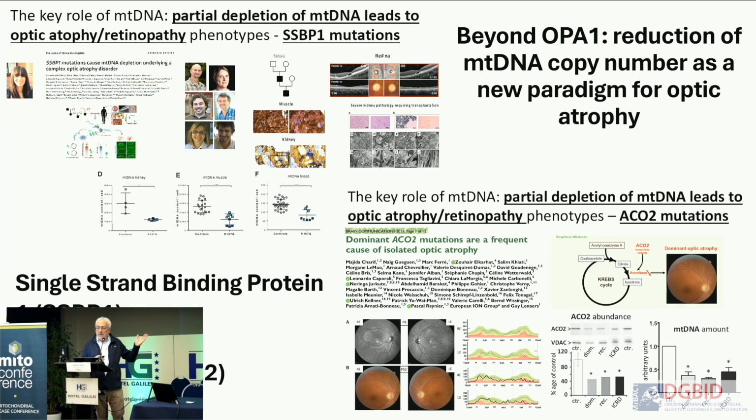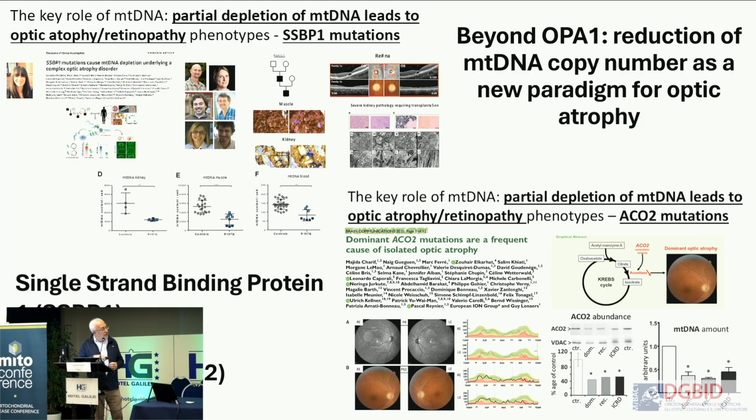Well, these are well-grown people, adults, and they have a retinopathy, a very peculiar optic atrophy associated with foveopathy. They have a little hole under the fovea, which is a hallmark for this kind of optic atrophy. And frequently, this clinical feature is associated with renal failure, which leads the patients to kidney transplant.